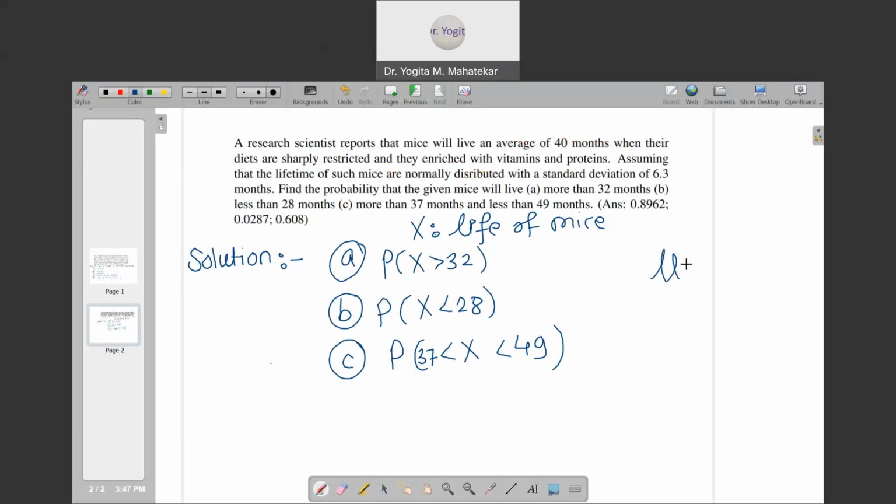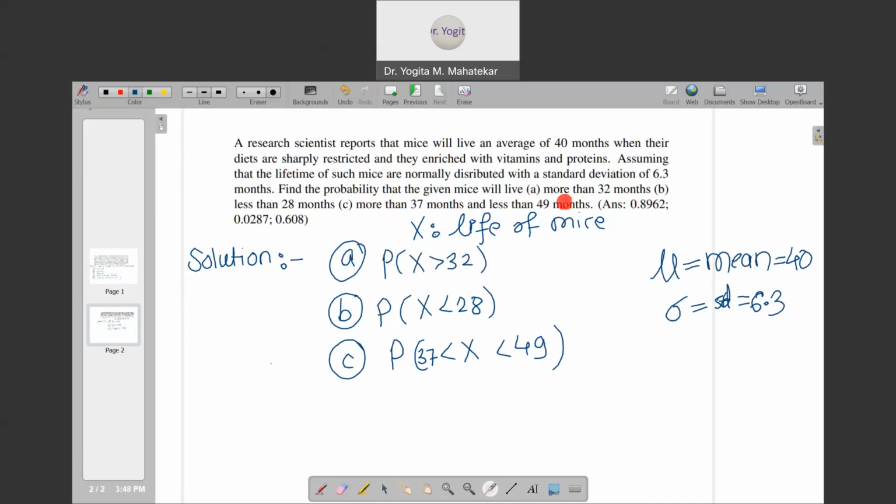Mu stands for the mean of this normal distribution, and the standard deviation we denote by sigma, which I will call SD, and that is 6.3 months. With this mean and standard deviation, we need to find the probabilities. Part A of the question: we have to find the probability that the mice will live more than 32 months. How will you express this as a probability statement? It will be P, where P stands for probability, that your lifetime capital X is greater than 32 months.